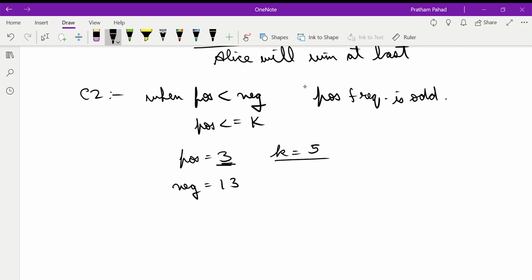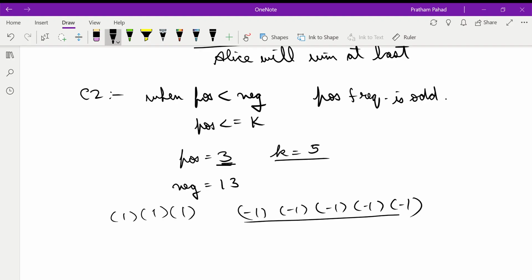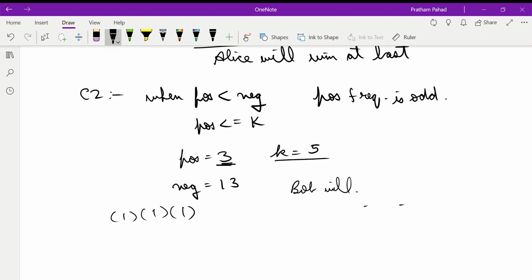Now we'll use 5 negatives: -1, -1, -1, -1, and -1. So this will ultimately give us a negative value at the end. Three positives will give us a positive, but 5 negatives, that is an odd number of negatives, will give us a negative value. So in this case, Bob will win, because ultimately the final answer is negative.